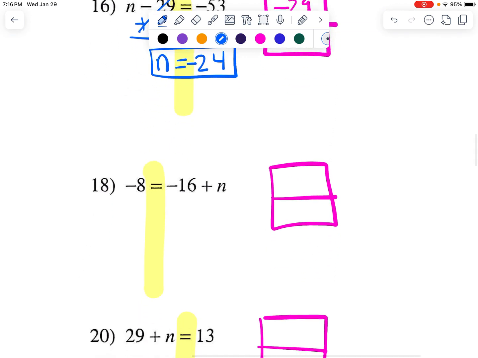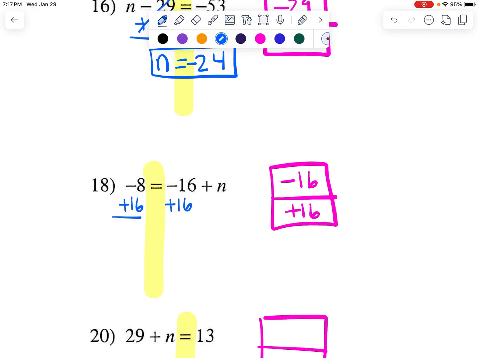All right, I'm going to rewrite this negative 16 plus n. You don't have to. I'm just going to leave it there. It's essentially, if you flip-flop these two, you could say n minus 16. So n is essentially being subtracted by 16, so we need to add 16. Remember, because you need a plus, minus, minus, plus to get a 0 pair.